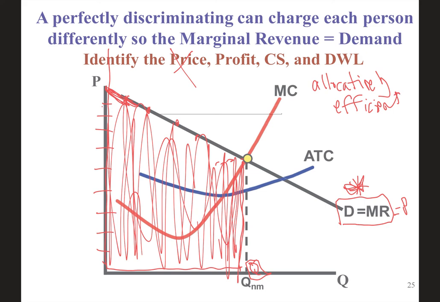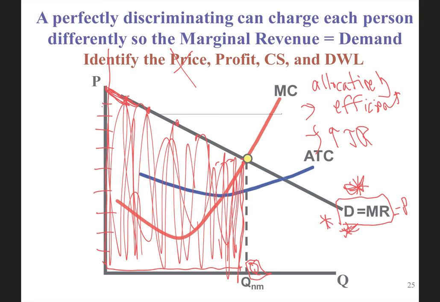As soon as we put MR less than demand, our quantity that's profit maximizing shifts leftward on the x-axis, because MR is going to be less than demand. Because MR is equal to demand, and remember this is the big takeaway, this monopolist is able to produce a quantity that's not only allocatively efficient, but is also going to increase the total revenue for this monopolist compared to the earlier monopoly model.